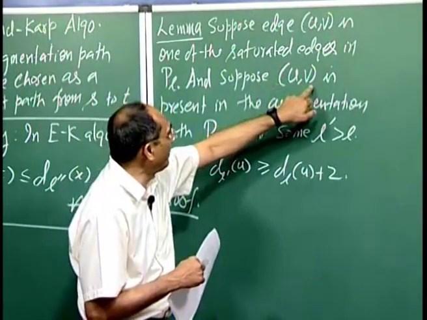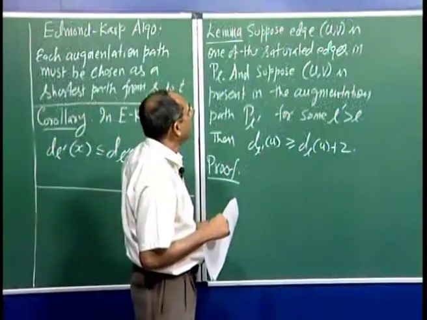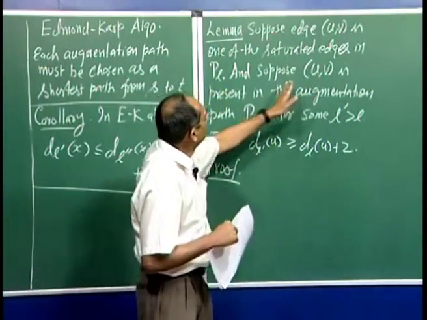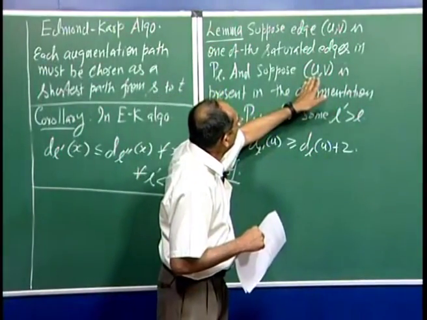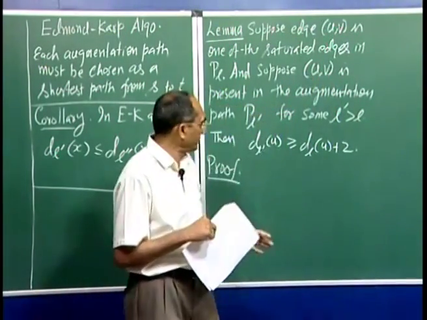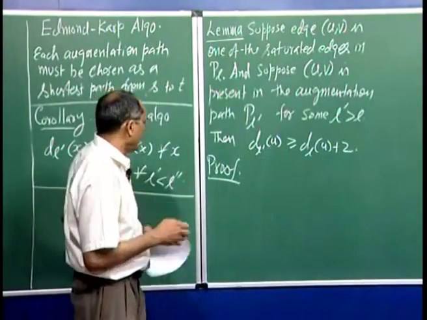If you append a flow in the direction VU, then this flow will create some residual capacity for edge UV. It will reappear in the subsequent stage.